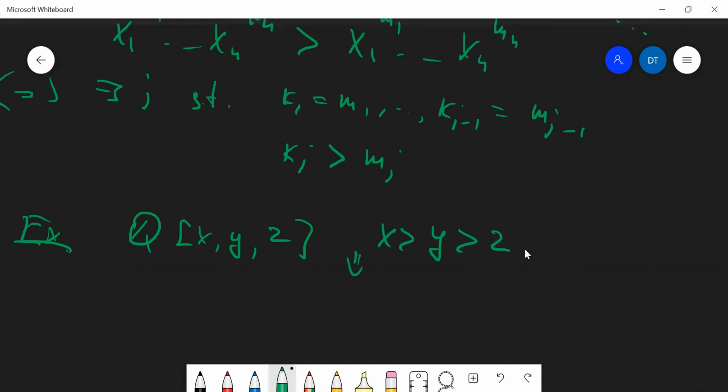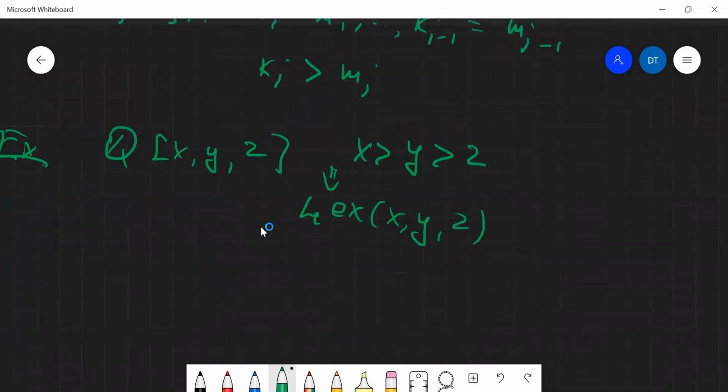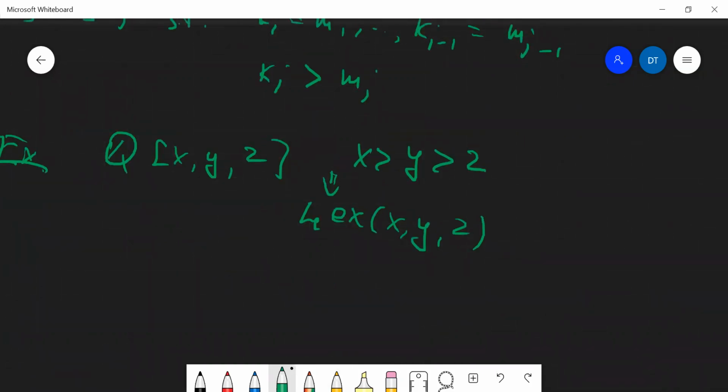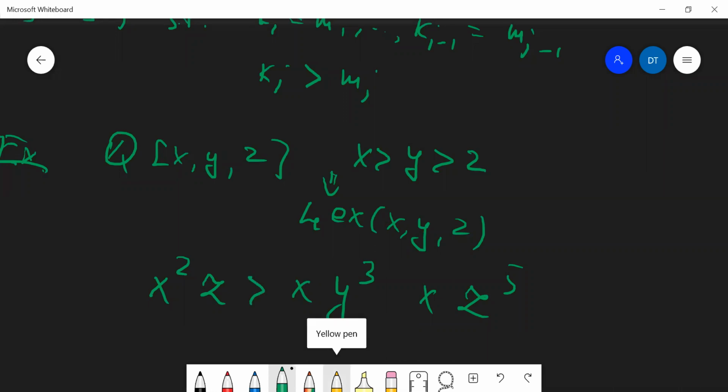This defines the lexicographical order lex of x, y, z. And now I can consider something like this: x squared z, x y cubed, and x z to the 5th.